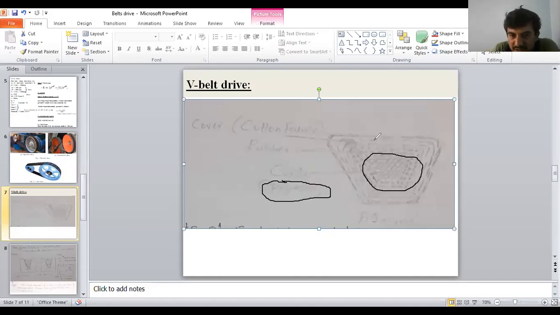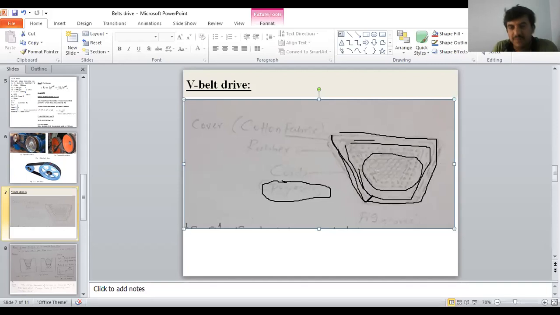Over the core, you can see it is surrounded by rubber. Again, the rubber is surrounded by a cover, which is cotton fabric. The shape is trapezoidal, and that belt is called a V belt.